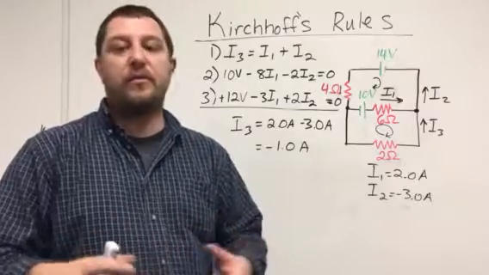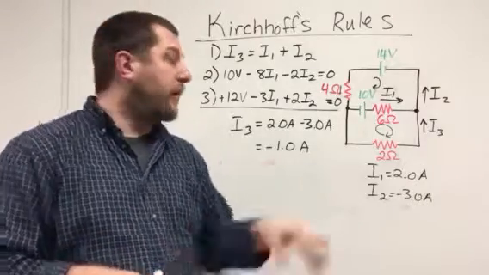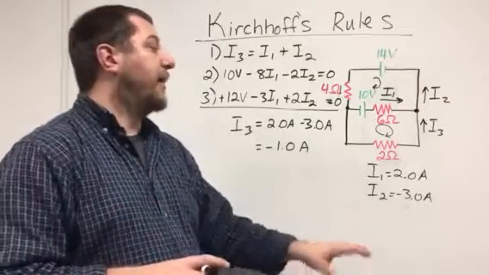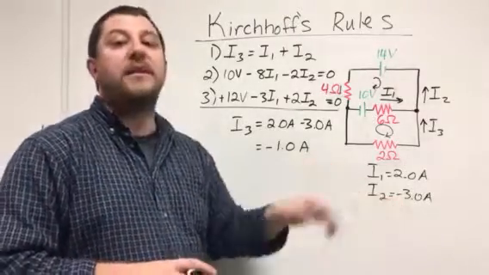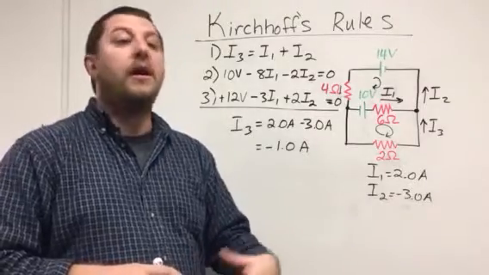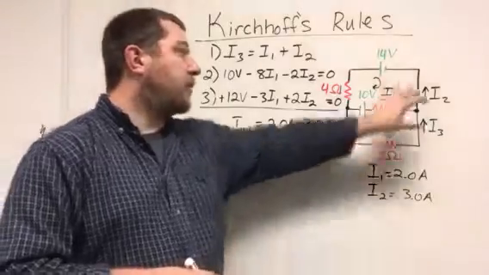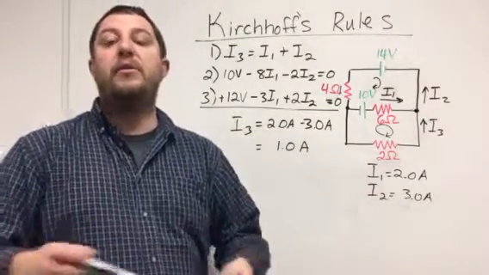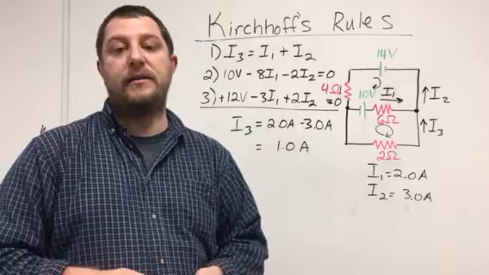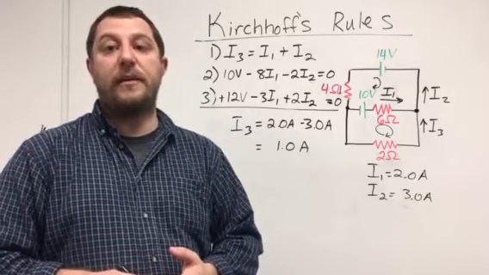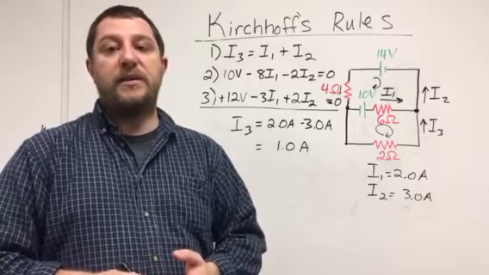It just means you picked the wrong direction initially. So if you get a minus sign, that's perfectly fine. All you need to recognize is that the minus sign means the current was in the wrong direction. So then if you get rid of those negative signs and correct your directions of your currents, you now have a picture of how the circuit is flowing. So that is Kirchhoff's laws. I hope these videos have been helpful to you, and we will see you next time.